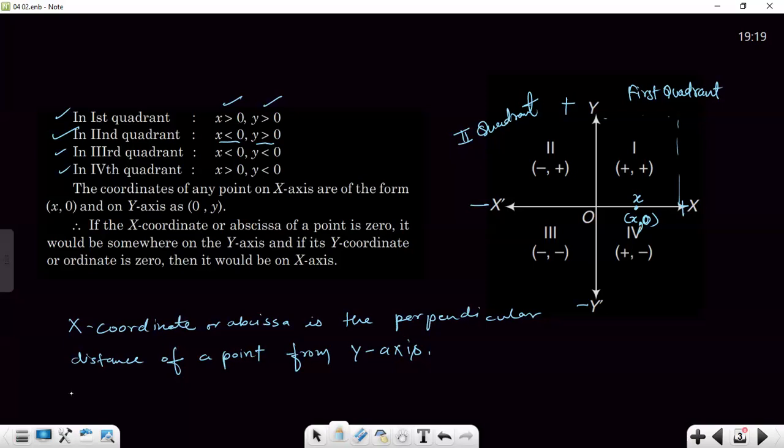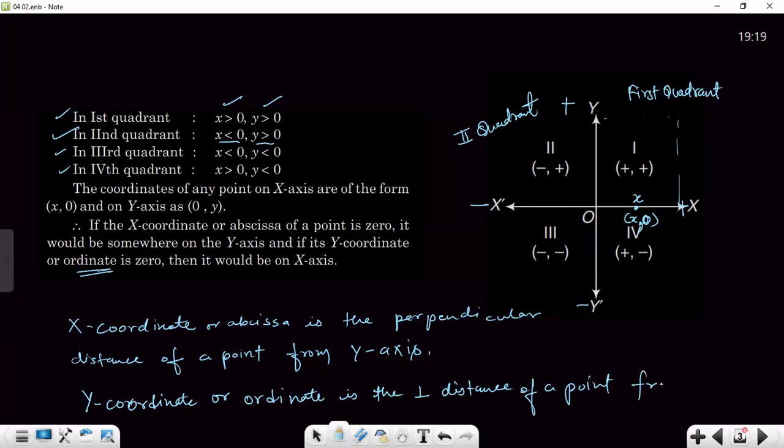The y-coordinate, known as the ordinate, is the perpendicular distance of a point from the x-axis. This is the basic.